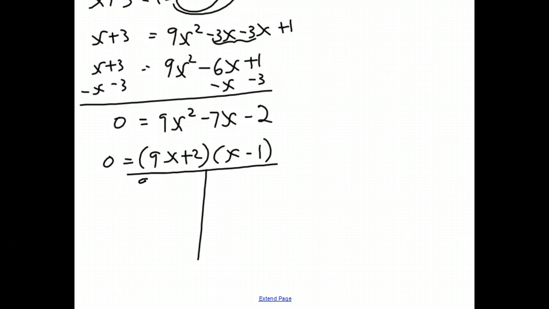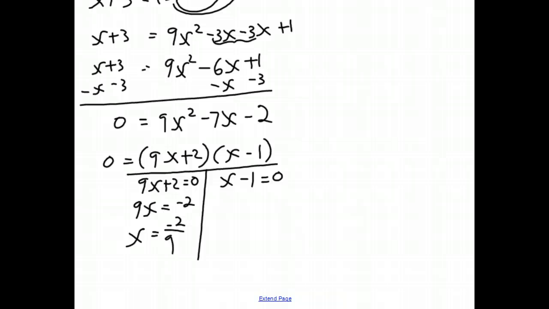So either 9x plus 2 is equal to 0, or x minus 1 is equal to 0. If we solve the left side, we subtract 2 from both sides, we get 9x equals negative 2. Divide by 9, you get x equals negative 2 ninths. And on the right side, we add 1 to each side, so we get x equal to 1.